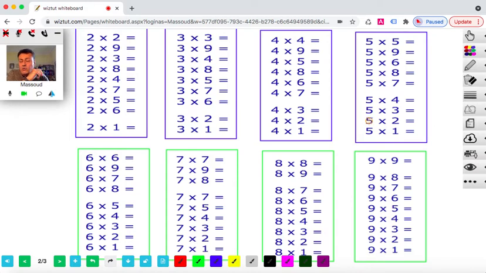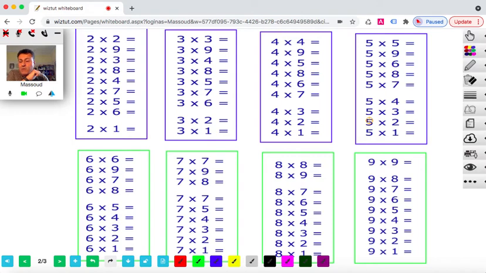So I do enforce the fact that everyone, especially at the early age, everyone should memorize the times table, and they should be able to recite them at a certain speed, and they should be able to answer them randomly if you just pick them at random.